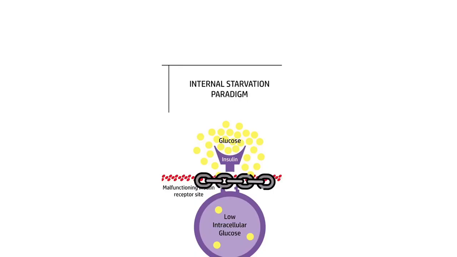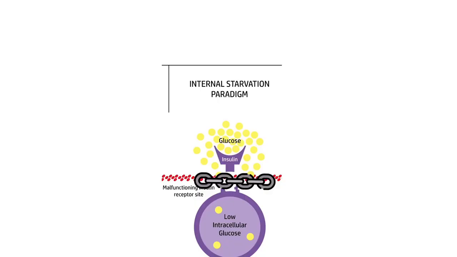We know the gate is normal, but perhaps there's a piece of gum or something within that lock which is blocking. If that's the case, then the glucose is piling up outside in the bloodstream, but inside the cell, there's a very low level of glucose. What's sometimes called internal starvation, because there's not anything on the inside and all of it's piled up on the outside. And that's the way we classically think about insulin resistance.